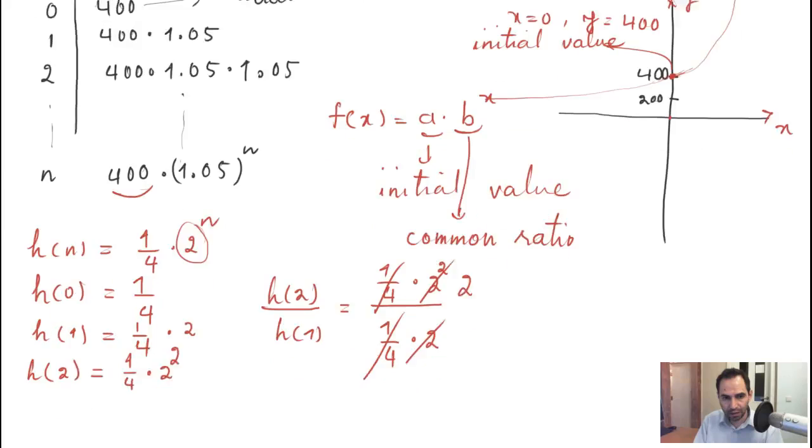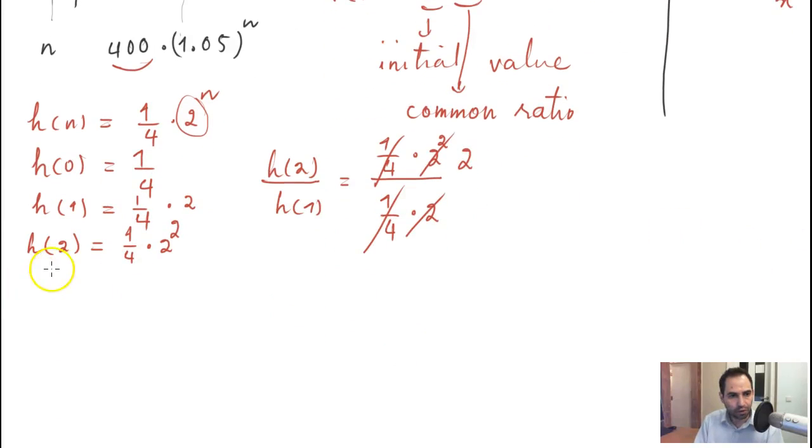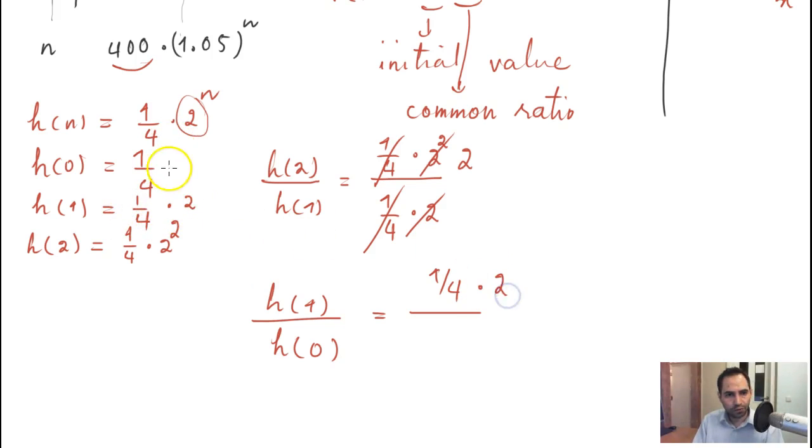Now if you do the same thing again, for example, if you divide h of 1 by h of 0, you will get 1/4 into 2 divided by 1/4.